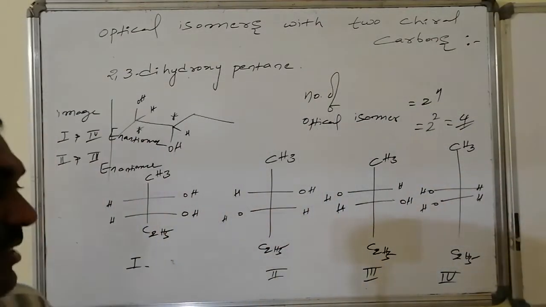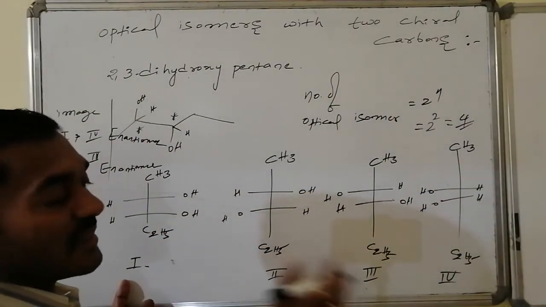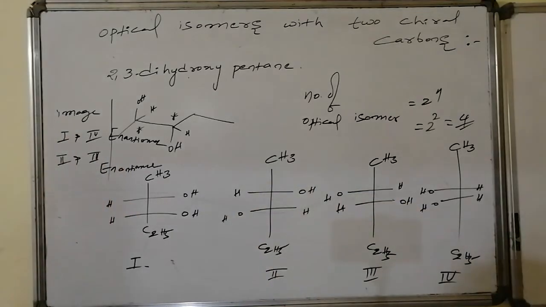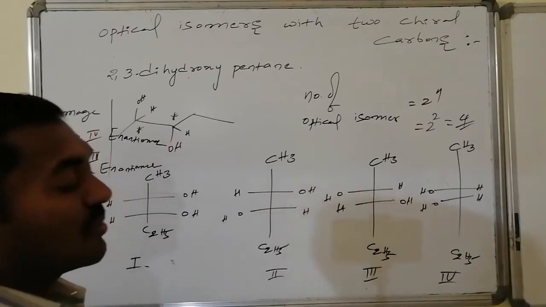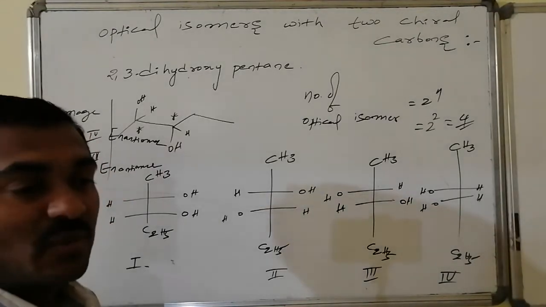The relation between 1 with respect to 3, and 1 with respect to 2, is a diastereomeric relation. Similarly 4 with respect to 2, and 4 with respect to 3, these are also diastereomeric pairs.